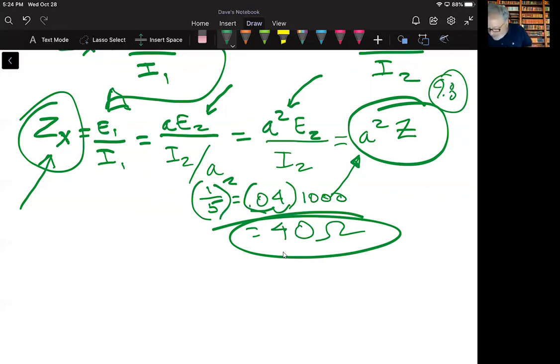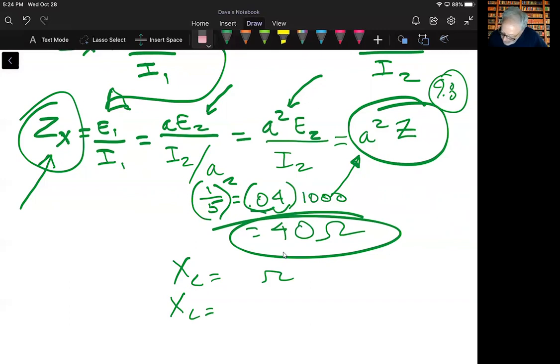It could also do the same thing for a capacitor or an inductor. I meant to say 1,000 ohms here. I'm sorry.